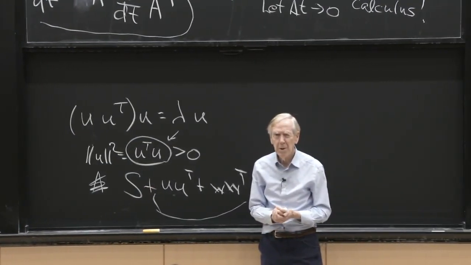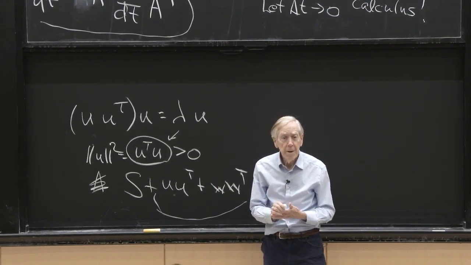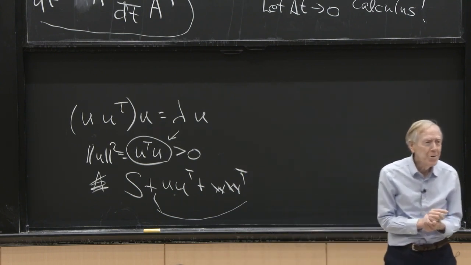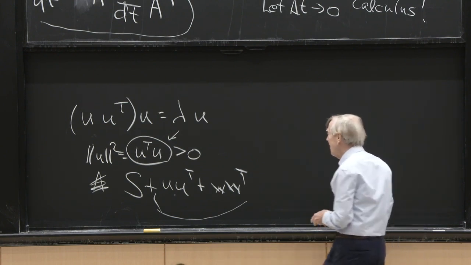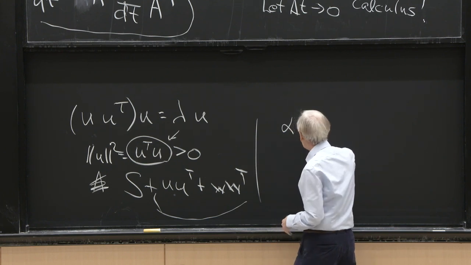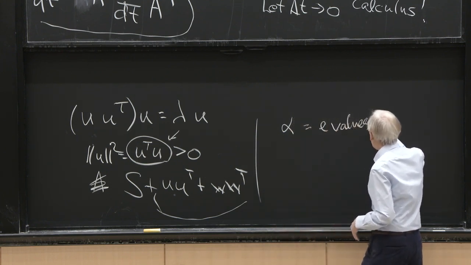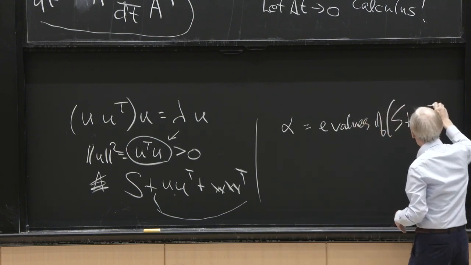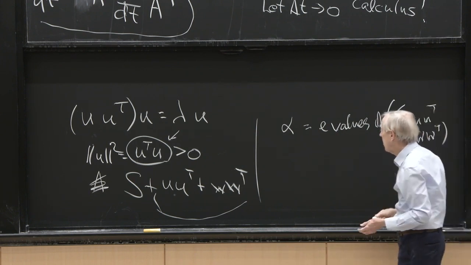Did the Greeks have any other letters than lambda and gamma? They must have had some. Who knows one I can write? Alpha, good, alpha, yes, right. So alpha is the eigenvalues of this rank 2 change. Okay. Now, what am I going to be able to say?